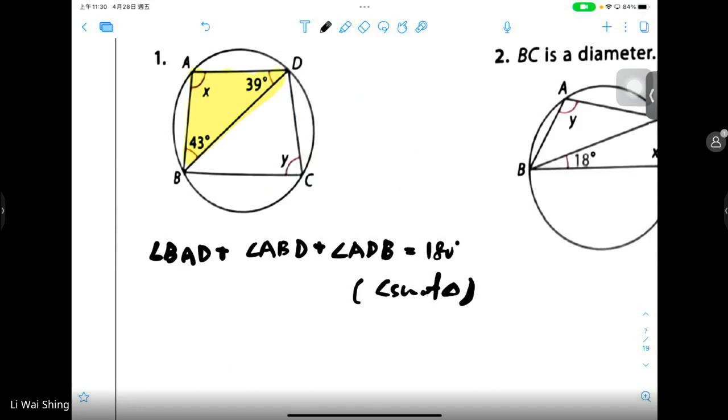So you'll be able to find that x is equal to 98 degrees. So how would you find the value of y? There is a cyclic quadrilateral.